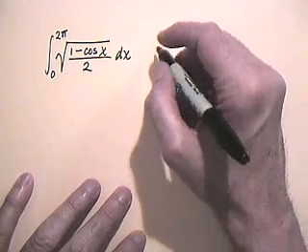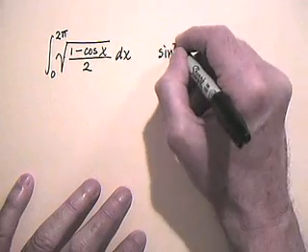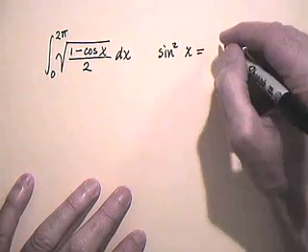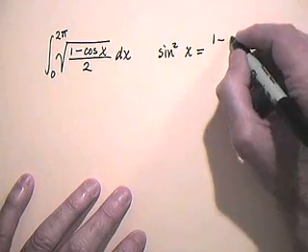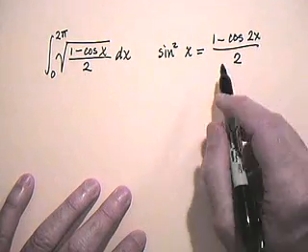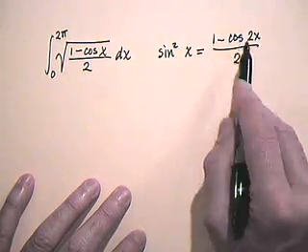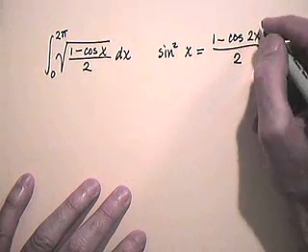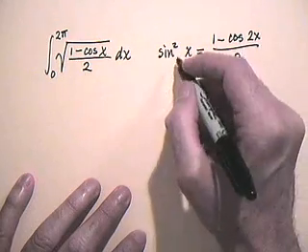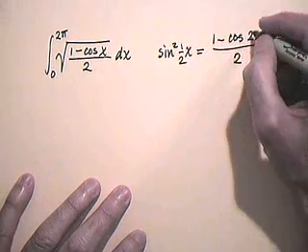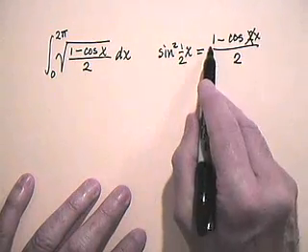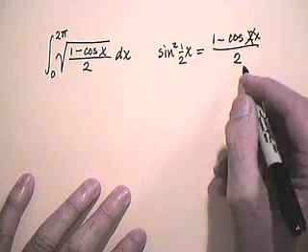Well, remember, sine squared of x is equal to 1 minus cosine of 2x all divided by 2. So consequently, if I see 1 minus cosine x, if there's only an x here, then I can get the formula to give me sine squared of 1/2 x.